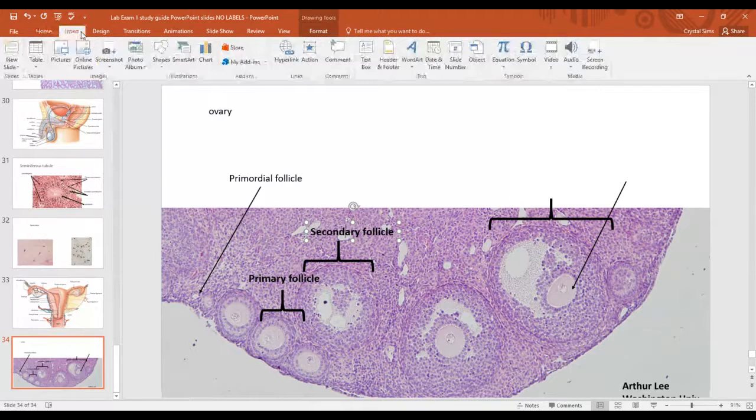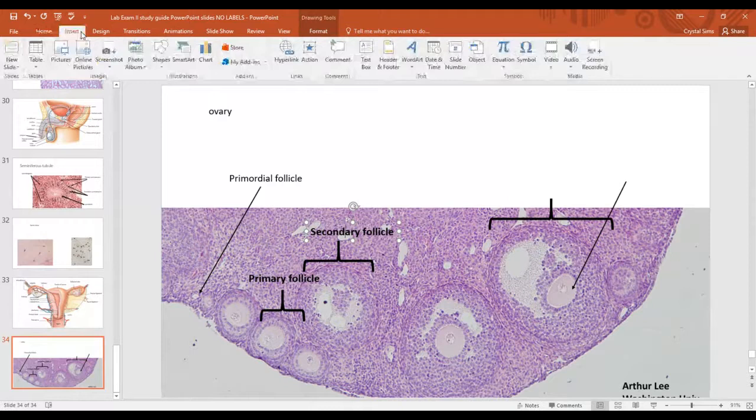I have primary. Yeah. So I have my primary. And then after primary comes, make that a little bit bigger so you can see it. Yes, after primary comes secondary.